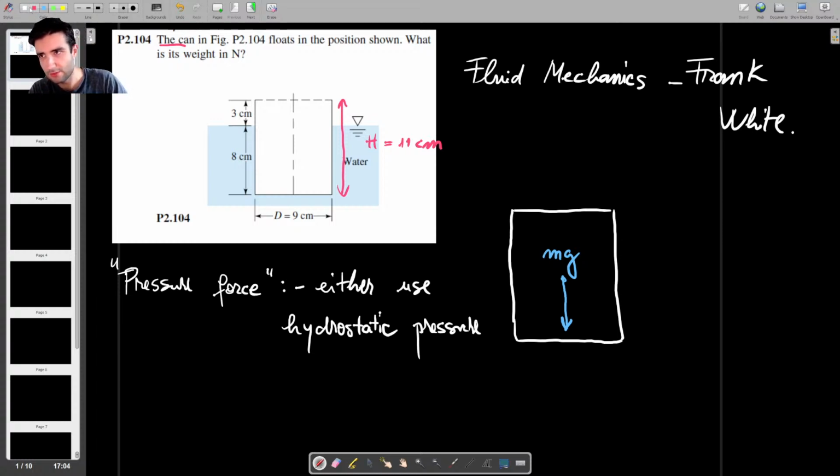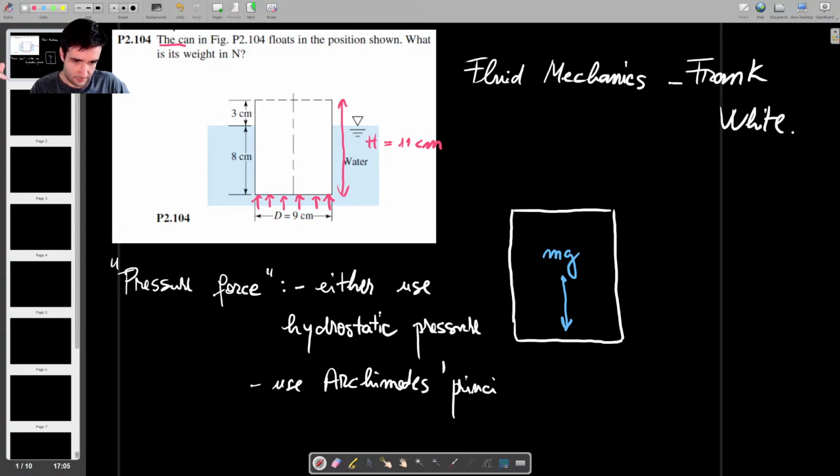Essentially there is a pressure field here pushing the can upwards, and the pressure is uniform, so you've got a uniform pressure distribution at the bottom of the can pushing it upwards. Or you can use Archimedes' principle, which is derived from the hydrostatic pressure idea.